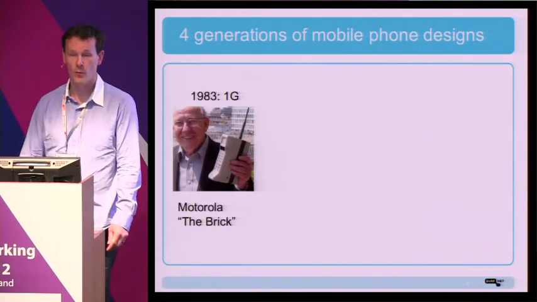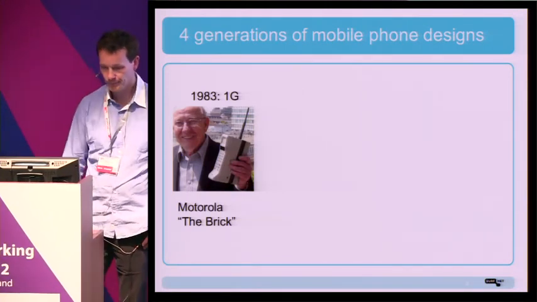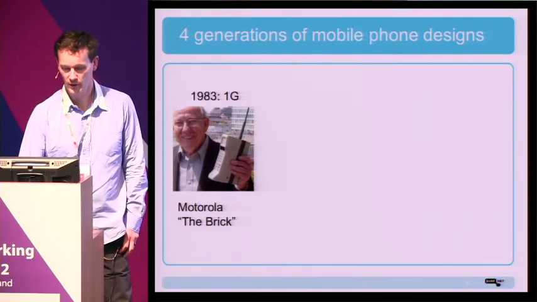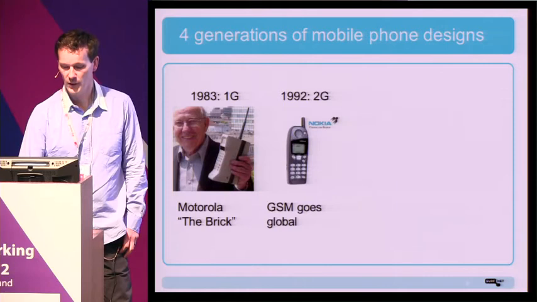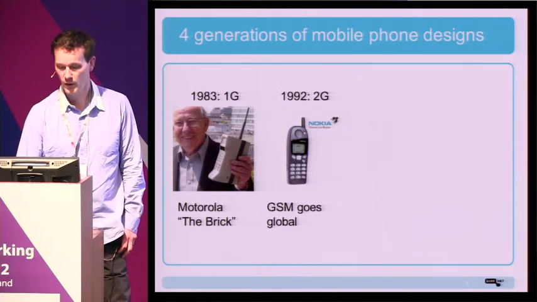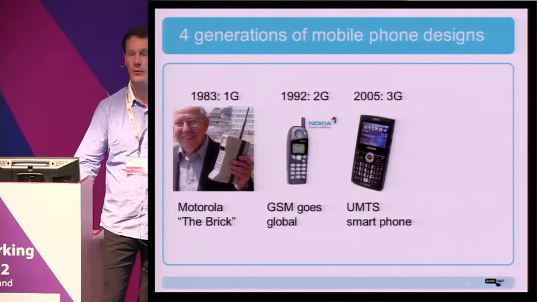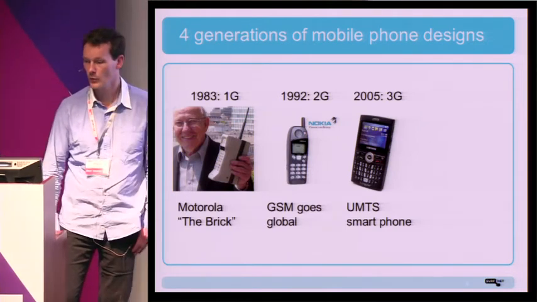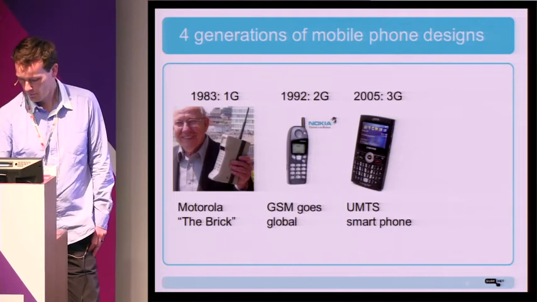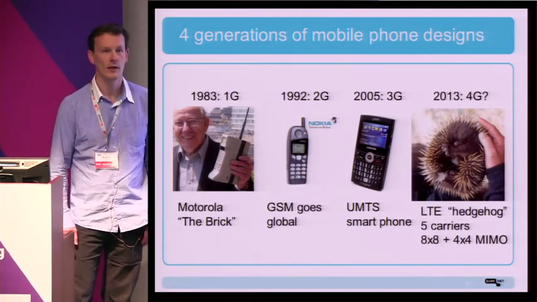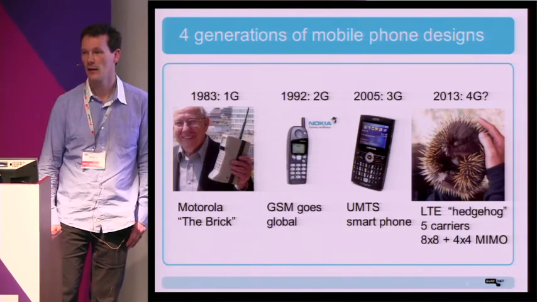But there's also a problem with LTE. If we had on the 1G quite large cell phones, and 2G, well, okay, it went smaller. 3G, then we would have nice smartphones, and they could be connected everywhere in the world. With 4G, there's a problem, because you need kind of a hedgehog with a lot of antennas to be online everywhere in the world.